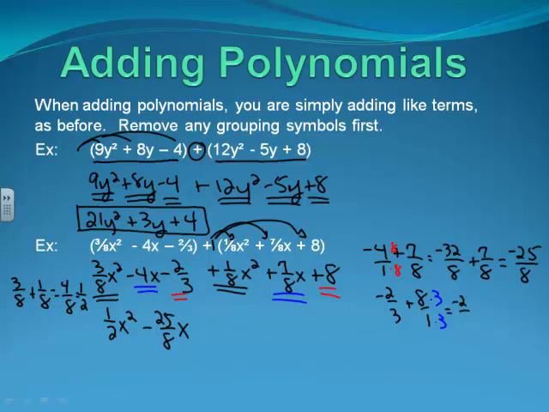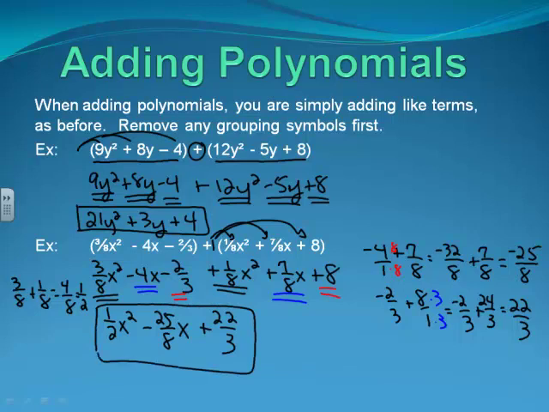That gives us negative 2/3 plus 24/3. 24 minus 2 is 22/3. Positive, so that's plus 22/3. Now those three are all unlike terms, and because it's subtraction and addition, that would be our final answer for that problem.